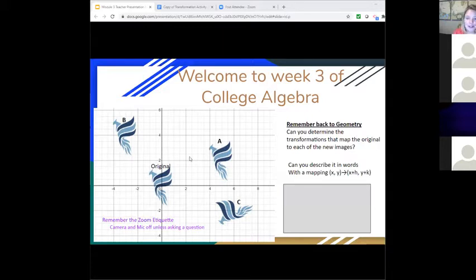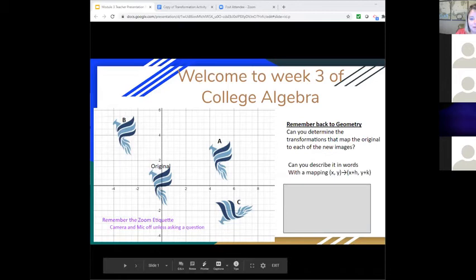Again, taking a look at the screen, can you tell me what the transformations do in order to make A happen, make B happen, and make C happen?